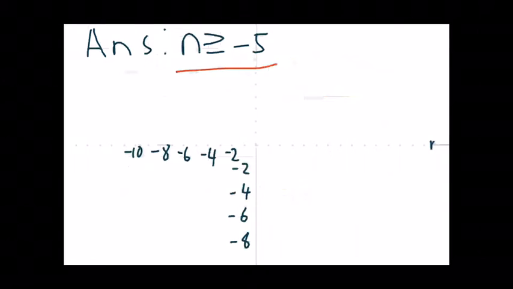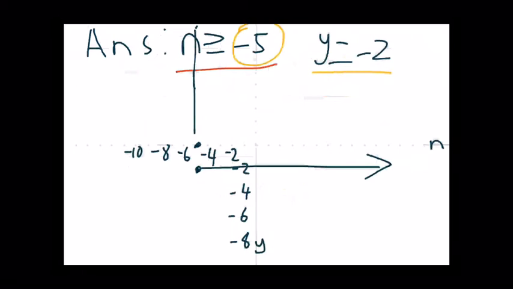First, let me show you what this whole thing would look like if we did not define a y value like we did here. Usually, when graphing an inequality on a coordinate plane, you would want there to be both an x and y value. In our case, both an n and y value.